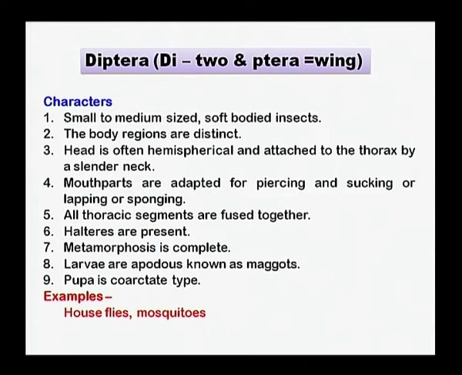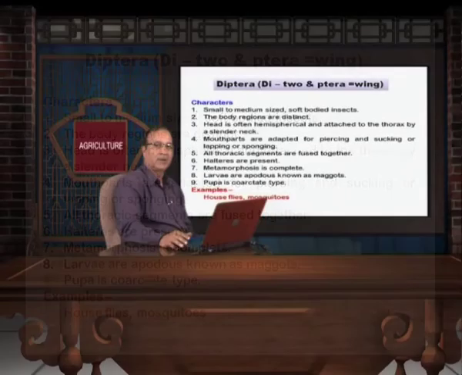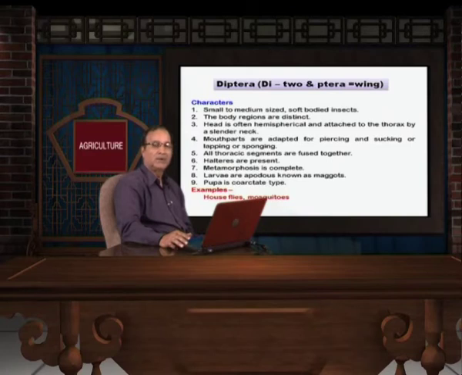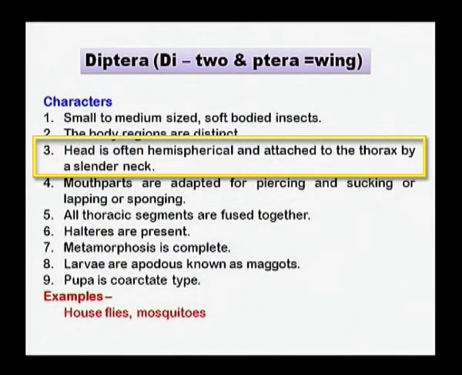They are small to medium sized insects with soft body. All the three regions of the body, that is the head, thorax and abdomen, are very distinct. It means one can easily recognize head, thorax and abdomen. Head is mostly hemispherical and it is attached to the thorax by a simple cylindrical neck.